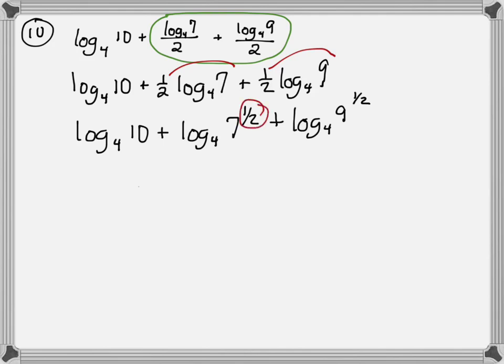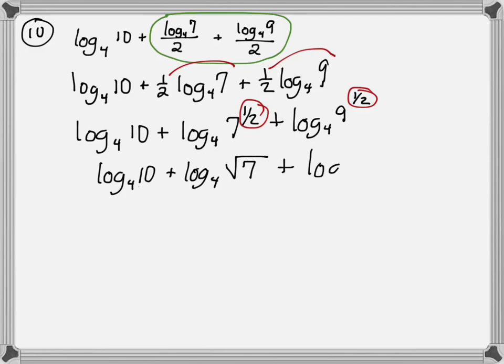So let's translate those into the radical. Log base 4 of 10 plus log base 4 of the radical, which is going to be index of 2, so square root of 7, plus log base 4 of the square root of 9.